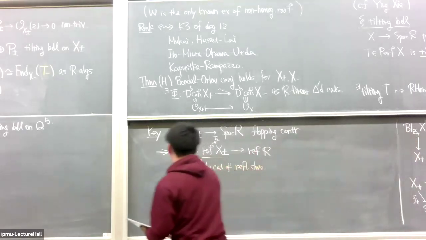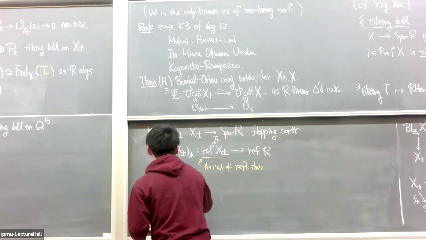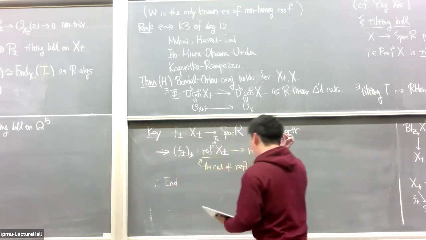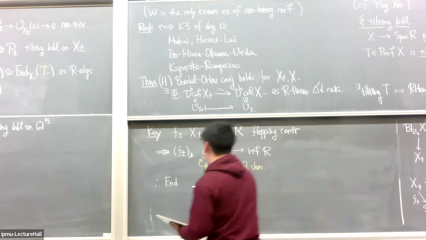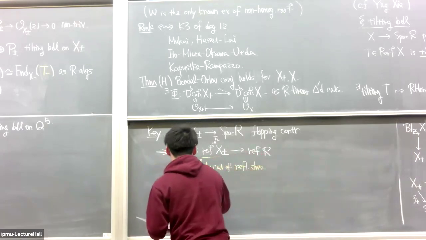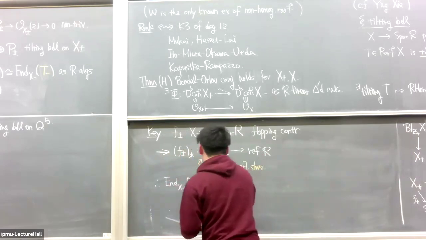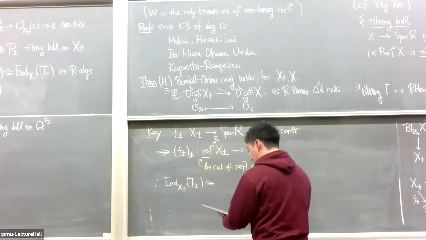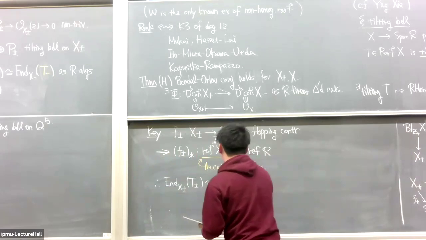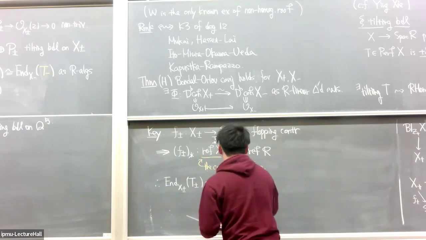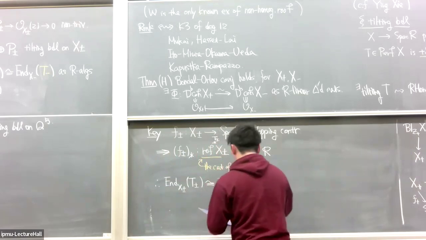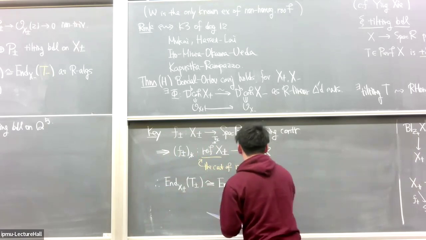Now this equivalence, actually we don't need the flopping contraction property for this claim, but today for simplicity, I say this is because of the flopping contraction. Anyway, the consequence is that this endomorphism ring is isomorphic to the endomorphism ring over R of the push forward.